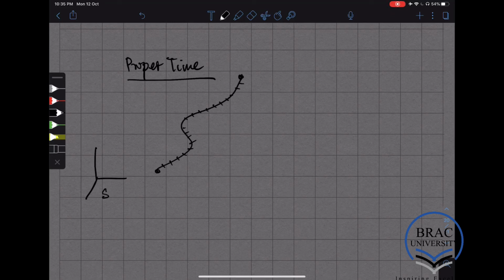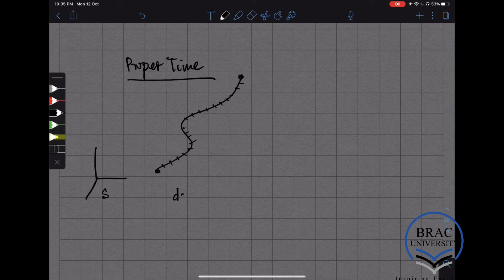Each of these little segments of motion we can think of as happening in some inertial reference frame. So if we attach an inertial reference frame to the particle and take the time interval to be very small, then in that inertial frame, the particle is at rest.